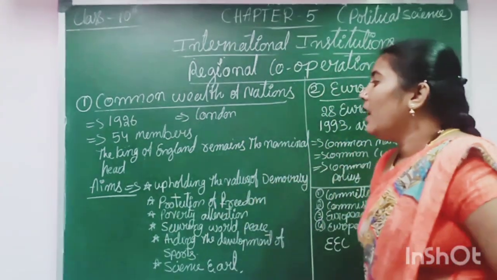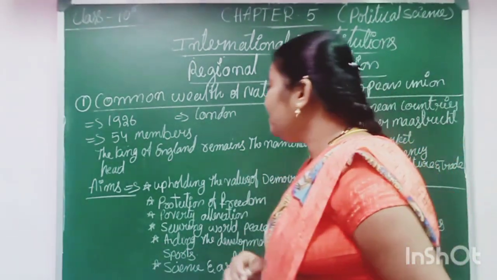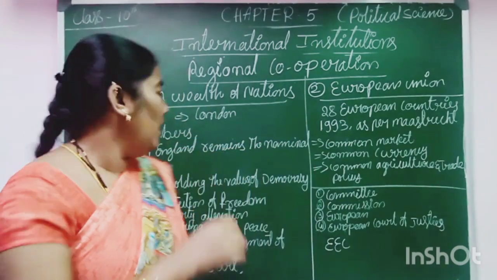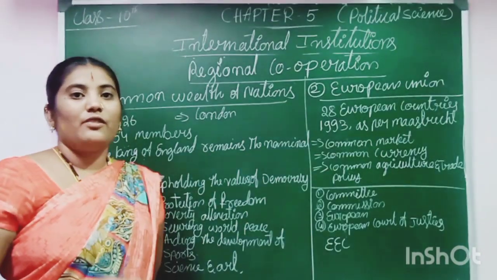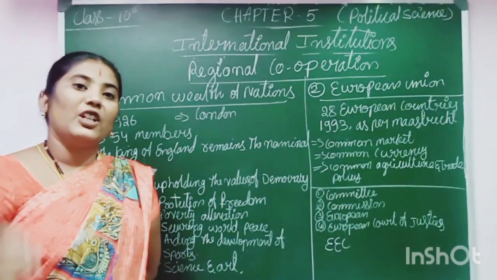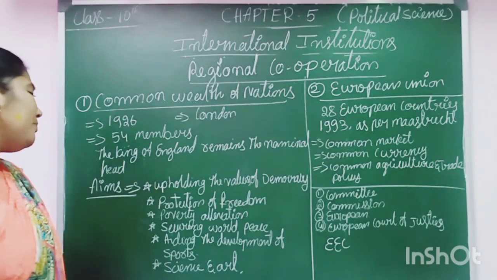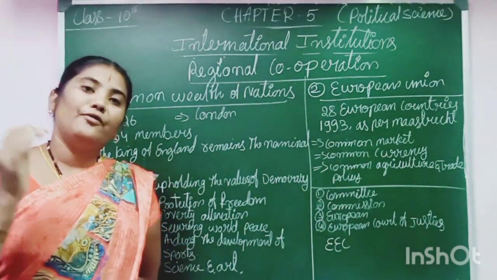Then it has its own aims. What are those? Upholding the values of democracy. Then protection of freedom. Then poverty alleviation, in a sense eradication of poverty. Then securing world peace, it wants to maintain world peace.